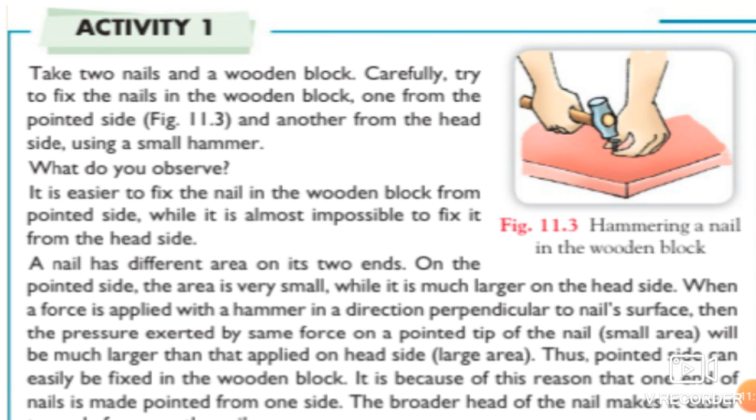One is the pointed side, while the other is the head side or the blunt side. Whenever you try to fix a nail in the wooden block from the pointed side, it easily enters the block.